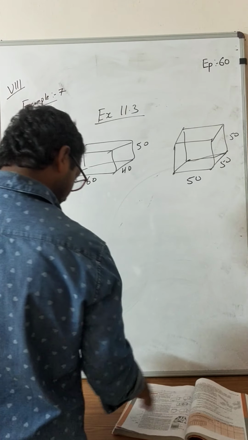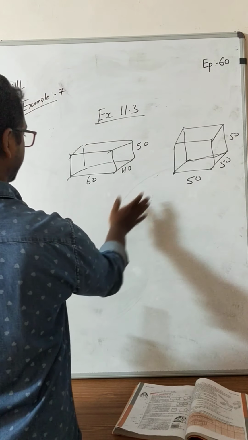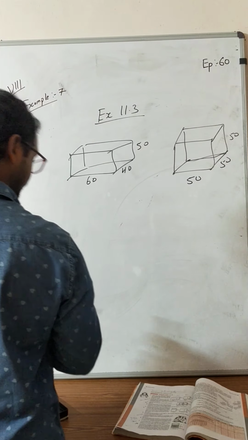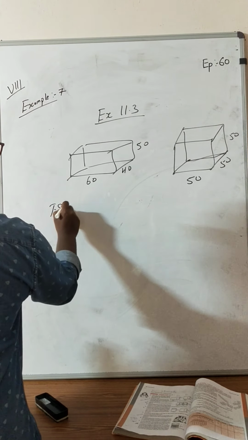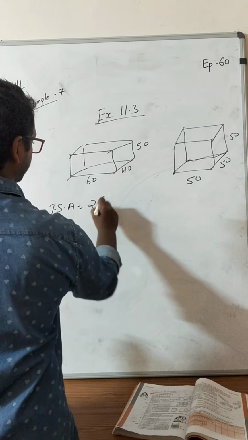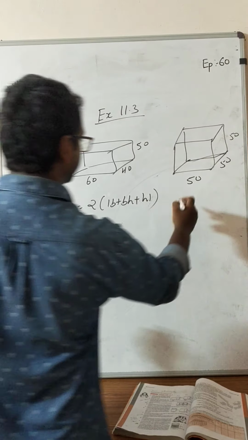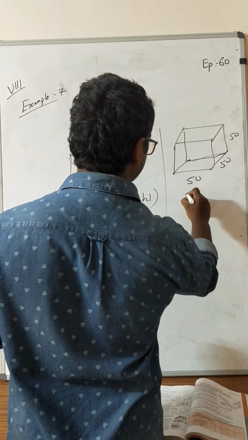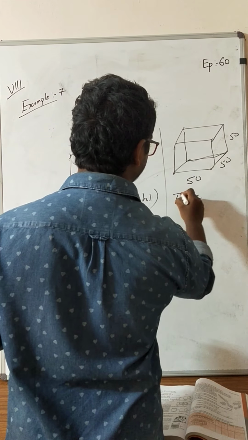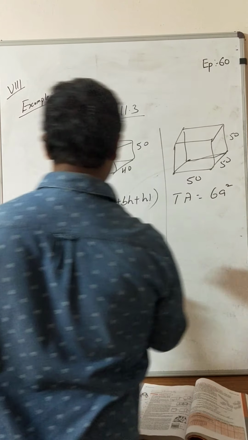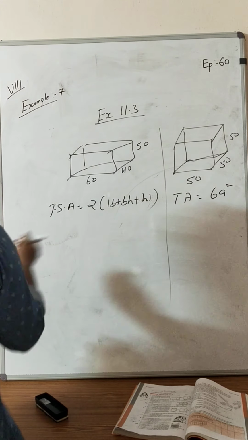We have to apply the total surface area. The TSA of a cuboid is 2 (LB plus BH plus HL). For the cube, the total area is 6a square. So let's apply here.